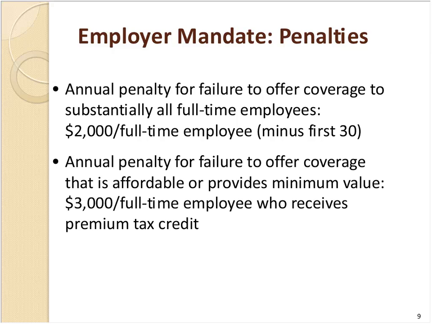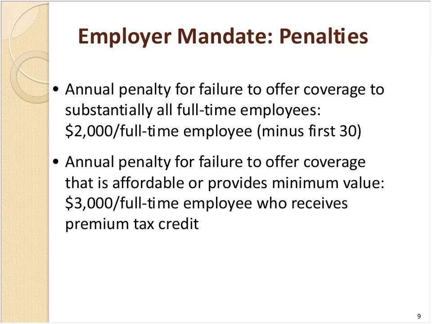There is a special rule that says that an employer won't ever have a B penalty that costs more than the employer would have paid if the employer hadn't offered coverage to anybody. So the minus the first 30 rule is applied in calculating the override.